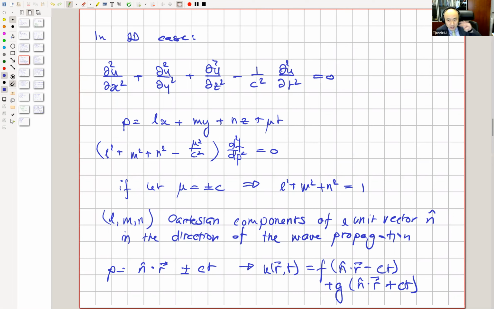So this is simply giving you to which extent there's an x component, a y component, and a z component. And so here we know that this n is a unit vector in the direction of the wave propagation, right? Because we end up being able to write the wave in this form, n dotted with r.